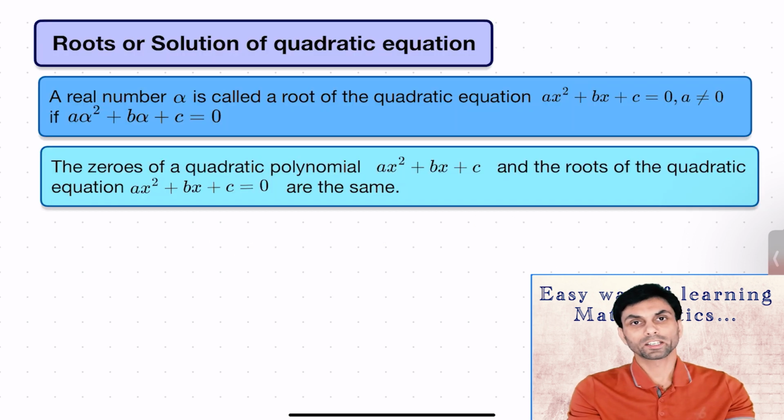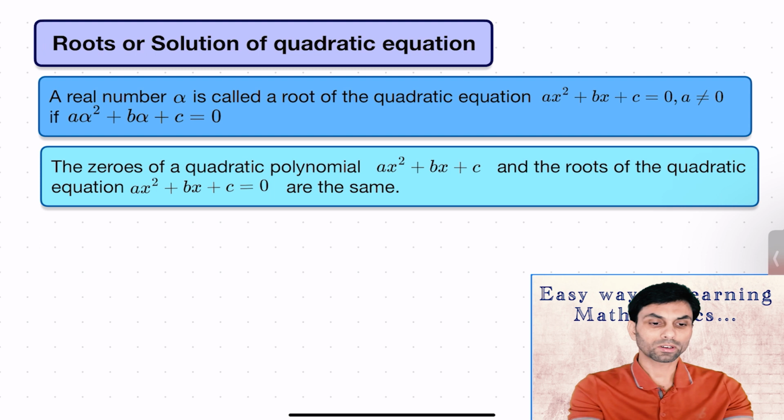Moving to the next part, let's talk about the roots of the quadratic equation. As we all are aware, in the polynomial chapter we have discussed the zeros of the quadratic polynomial. What is called the zeros of a quadratic polynomial is said to be the roots of the quadratic equation.